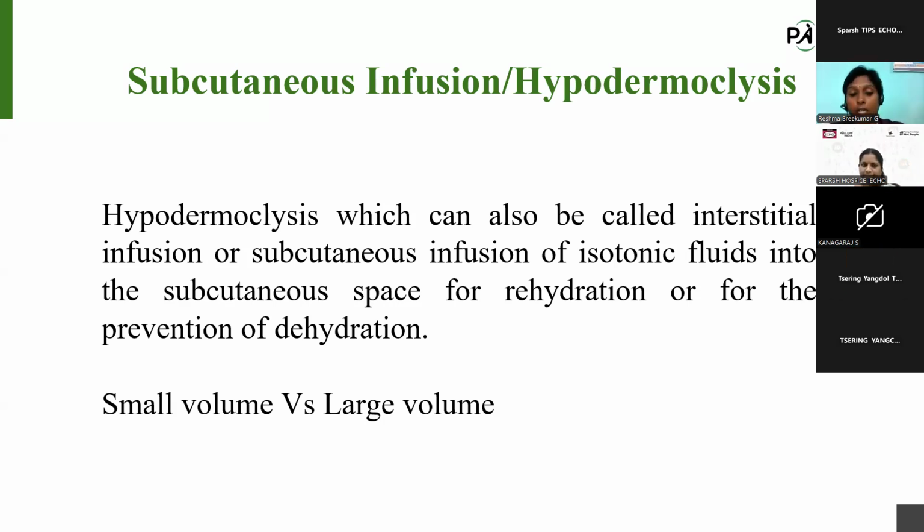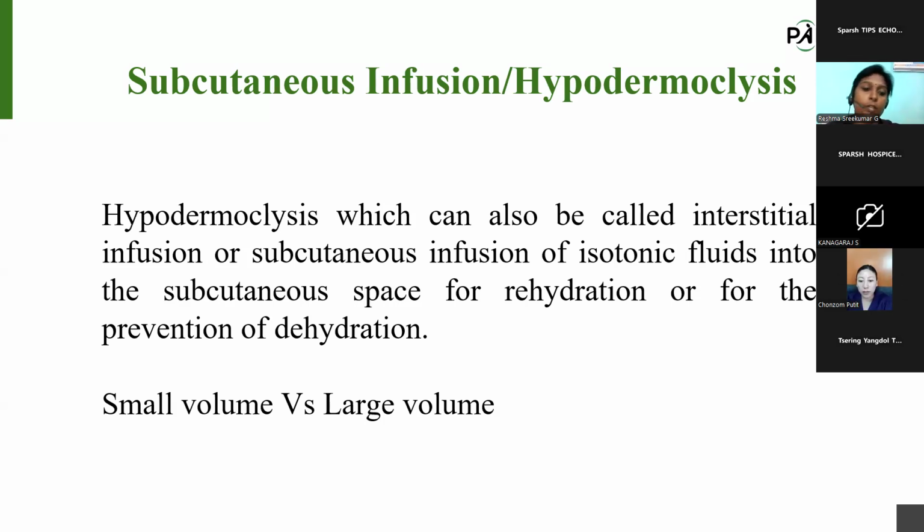We also heard about hypertonic and hypotonic solutions. The main example for a hypertonic solution is 3% sodium chloride. What will happen is it will draw water out of the cells into the bloodstream, so the cells will shrink.